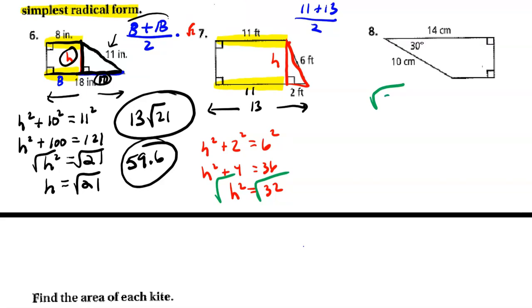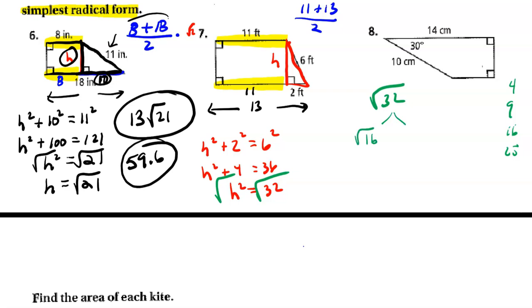Alright, so breaking down the square root of 32, I try to find a perfect square. My numbers that are perfect squares, remember, are like the square root of 4, square root of 9, square root of 16, square root of 25. Those are called perfect squares because the square root is a whole number. So I see that I could get the square root of 16.